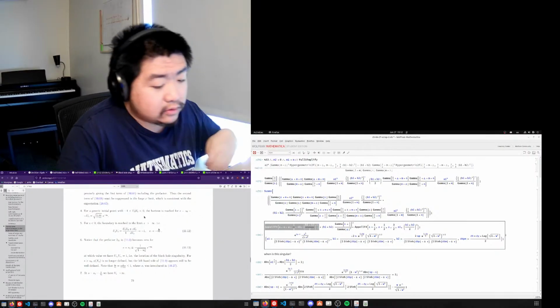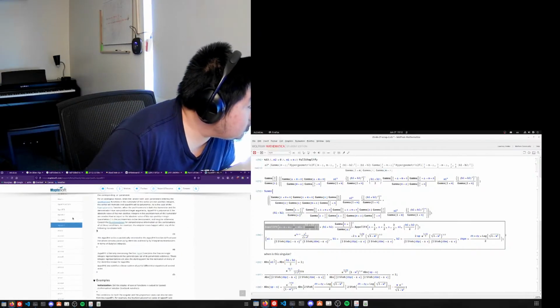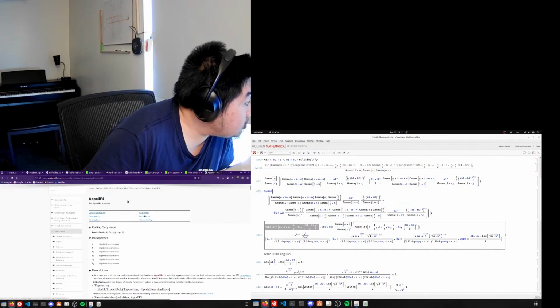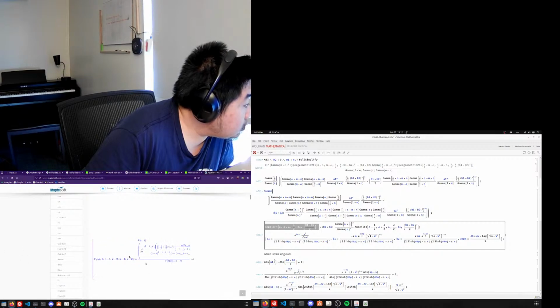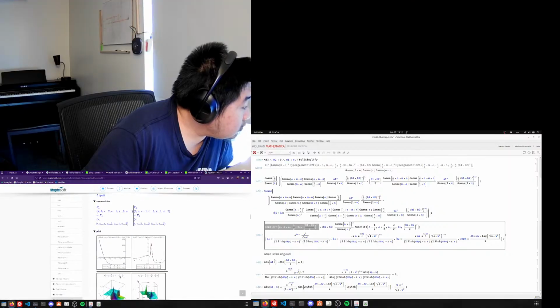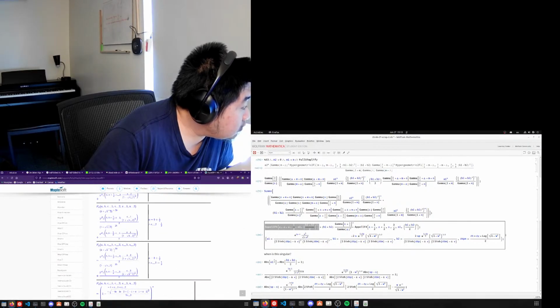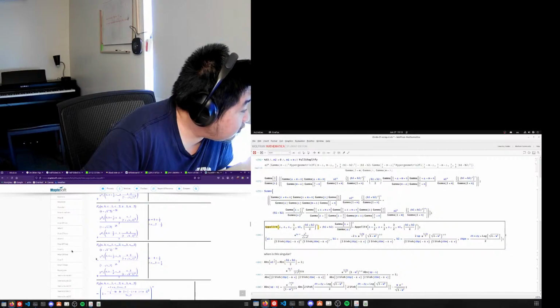There might be some reduction formulas. A, B. So in this case, it actually reduces to a 2 of 1, kind of.